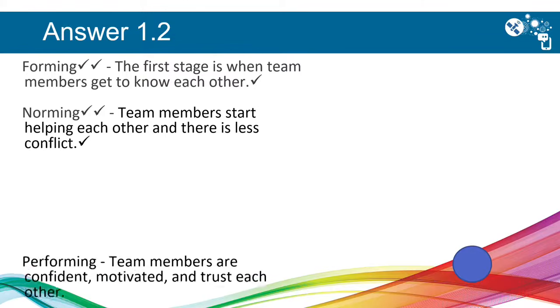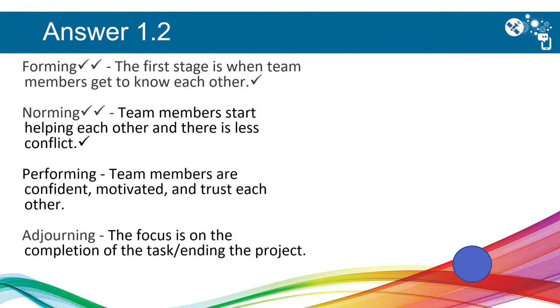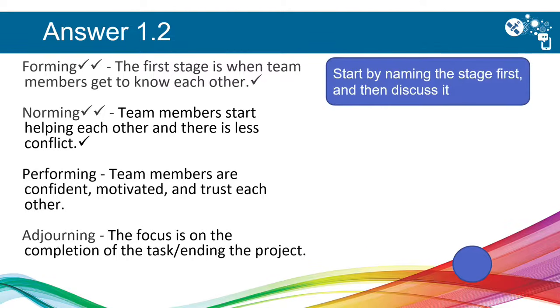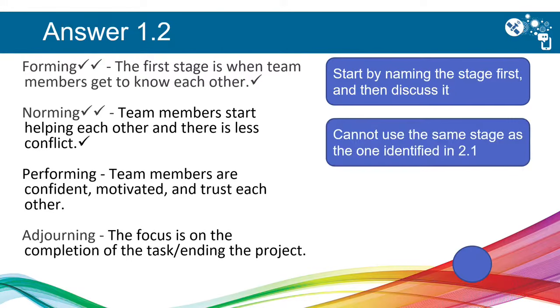Now guys, it could have been any of these other 2 except for storming, because storming was already identified in 1.1. The question asked for 2 other. Right, now let's just look at the tips that I've given there. Start by naming the stage first and then discuss it. Cannot use the same stage as the one identified in 1.1 because they asked for 2 other.